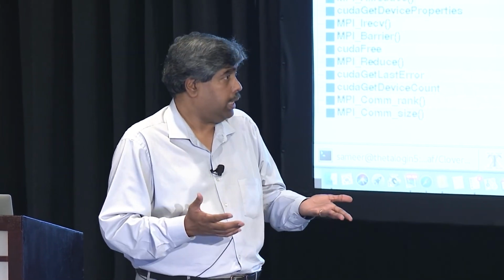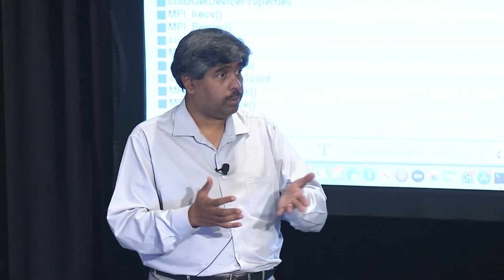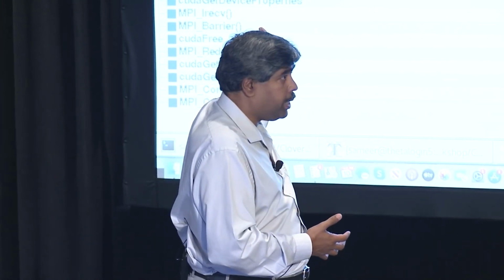Okay. That's really all there is to it. You just create a profile file and turn on sampling, or you can turn on just execution. In many of your application frameworks, whether it's using Kokkos or libraries like PETSc or other libraries, you may already have instrumentation that can generate MPI functions or CUDA functions, such calls.